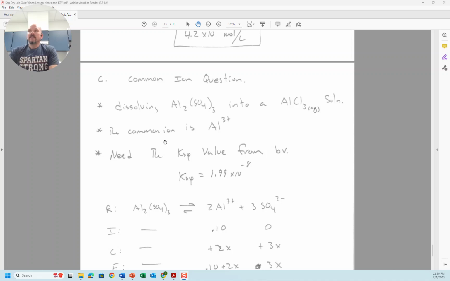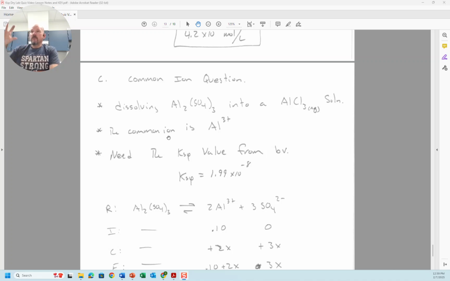If you're asked to find molar solubility and it's no common ion, you should just go to your shortcut and solve for x. You say KSP equals 108 x to the fifth in this situation, and if you know the KSP value, you plug in the KSP value and you solve for x, and x is the molar solubility. But remember, we can't do that because it's a common ion question. In a common ion question, I suggest you make the Rice chart.